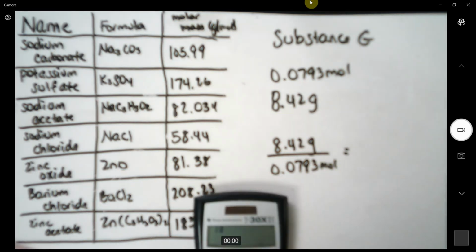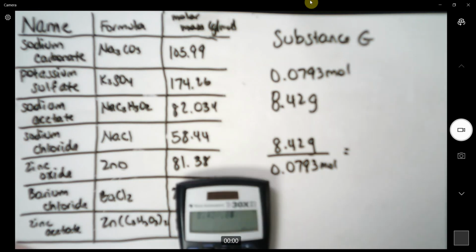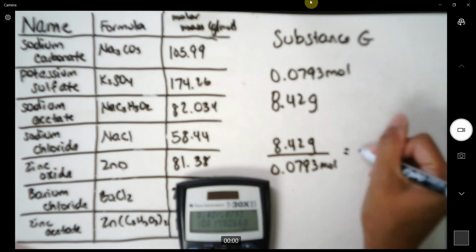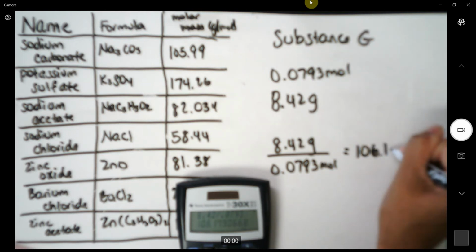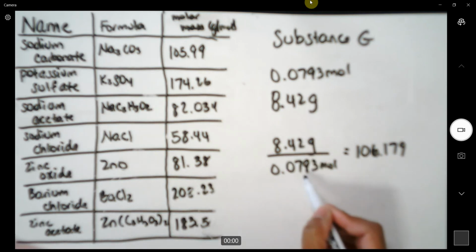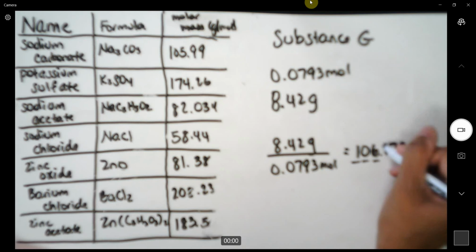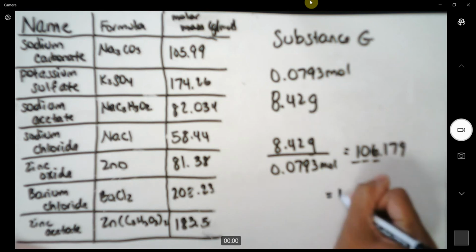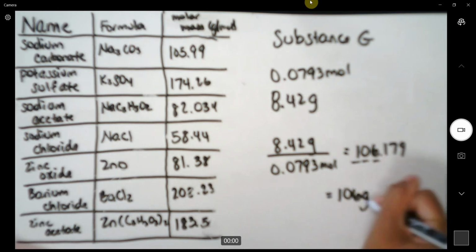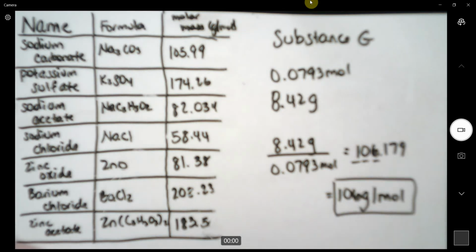Putting that into my calculator, 8.42 divided by 0.0793 gives me 106.179, etc., etc. I have 3 sig figs here, 3 sig figs there. So I'm just going to do 106 grams per mole, so keep those units.